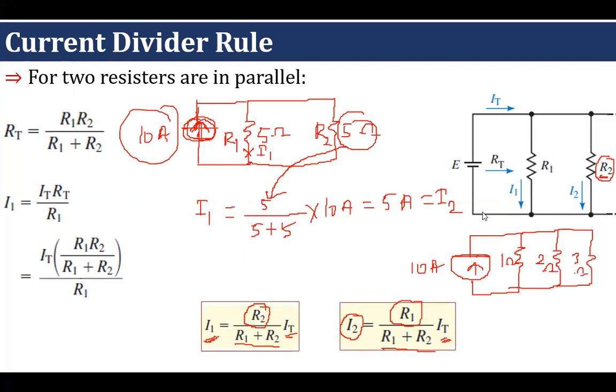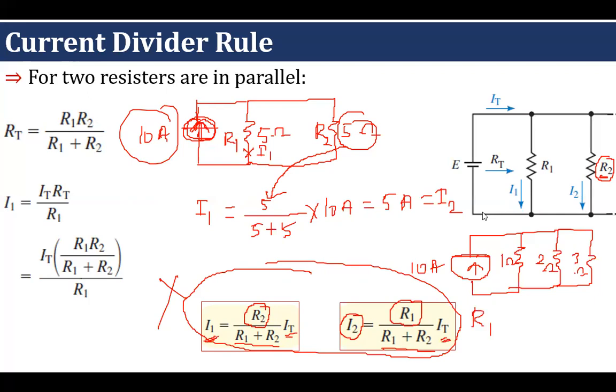This time these rules will not be applicable, so we do not have to go through them. What we are going to do is find the net resistance value RT. RT will be 1 upon, 1 upon 1 plus 1 upon 2 plus 1 upon 3. This we know. And then suppose I have to calculate the value of current through the 2 ohm resistance.